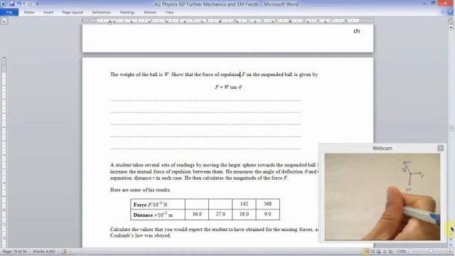Weight is going to be the one acting down, that's over here. So we haven't got the hypotenuse, they want the opposite, we have the adjacent, and we have the angle. Okay, so it's TOA that we're using. They want the opposite, so it's going to be the adjacent times by tan theta. So in other words, we've got W tan theta.